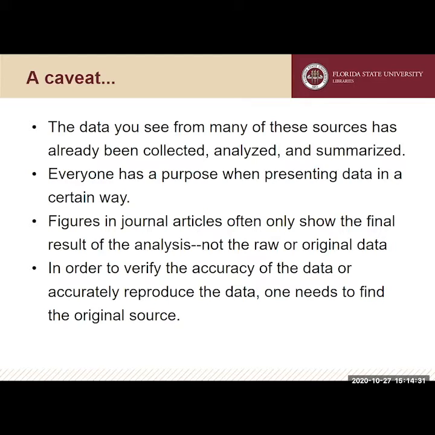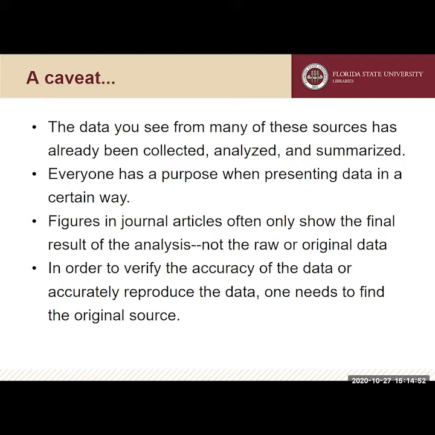It doesn't usually include right there in the paper, due to space limitations of a journal, and just because sometimes there's tons of it, the raw or original data that was collected on instruments in the field by the researcher.